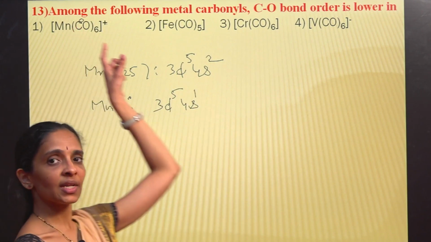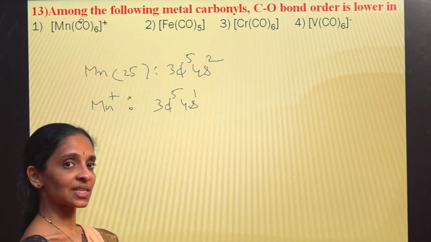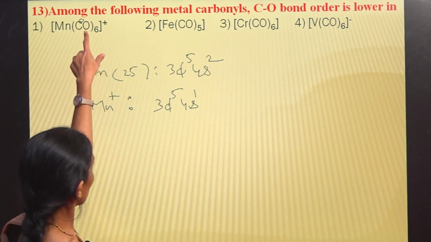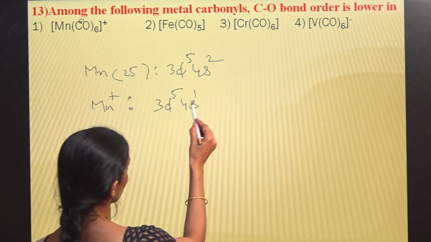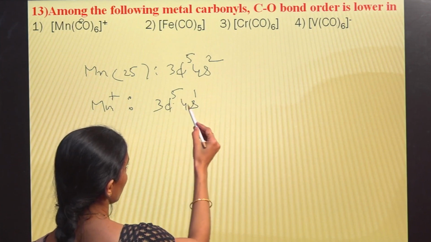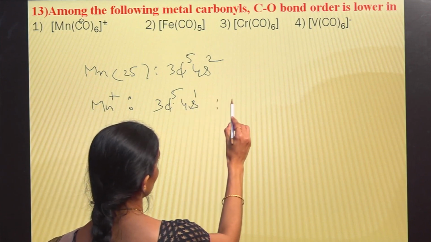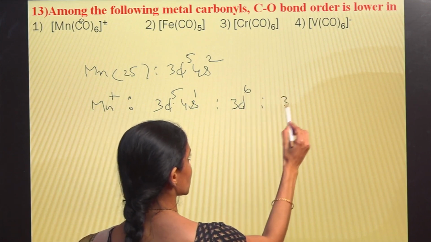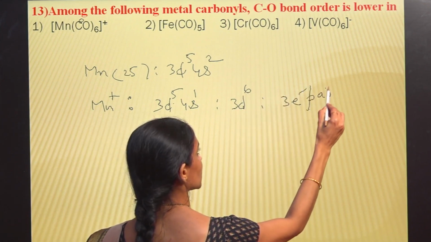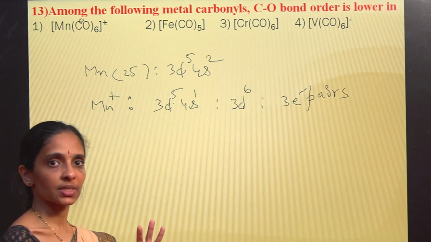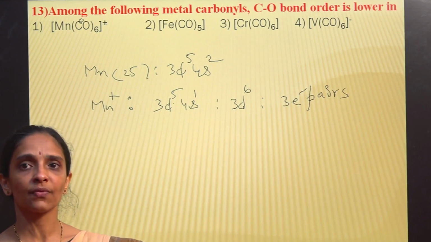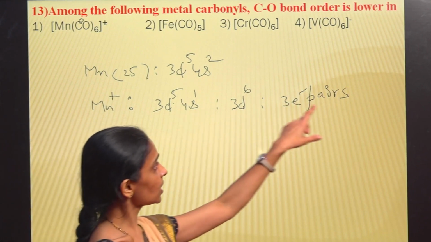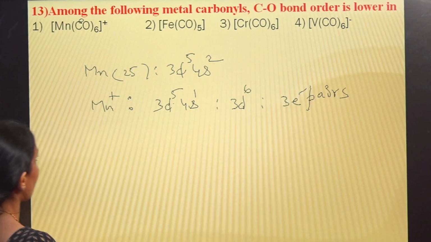Since the carbonyl ligand is a very strong field ligand, just like cyanido ligand, electron pairing happens here. 3d5, 4s1 becomes 3d6 after electron pairing. In 3d6, 3 electron pairs are present. Okay, all the 6 electrons, by the influence of carbonyl ligand, are forming electron pairs.